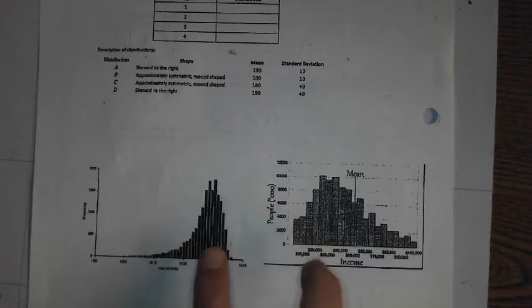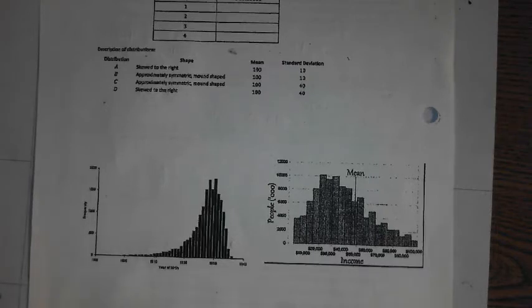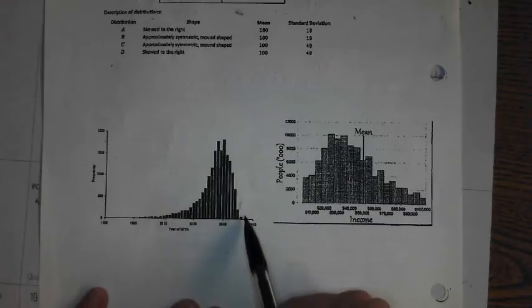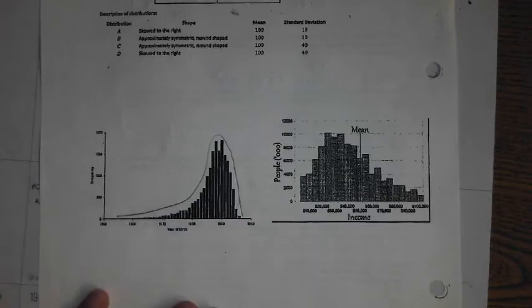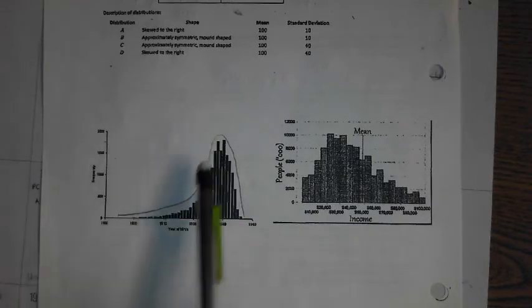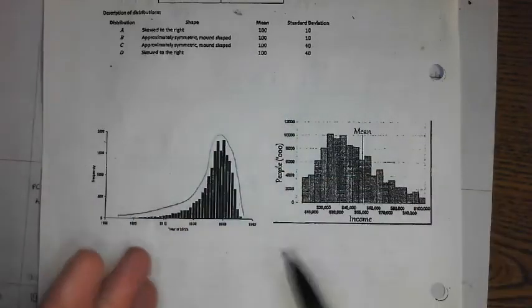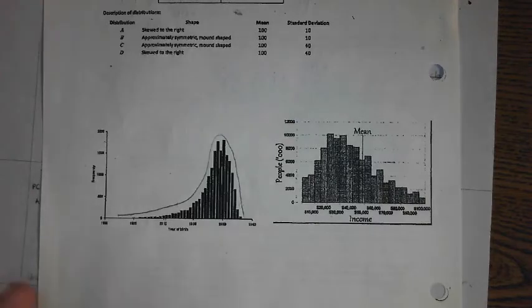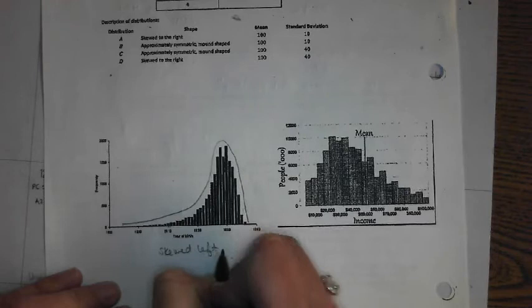What about distributions that aren't normal, right? Because not everything is perfectly centered. So if you take a couple of charts that I have here at the bottom, this one, I'll say it tails off to the left, okay? And when it tails off to the left, and that highest part of our curve is not right in the middle, we call that skewed left.